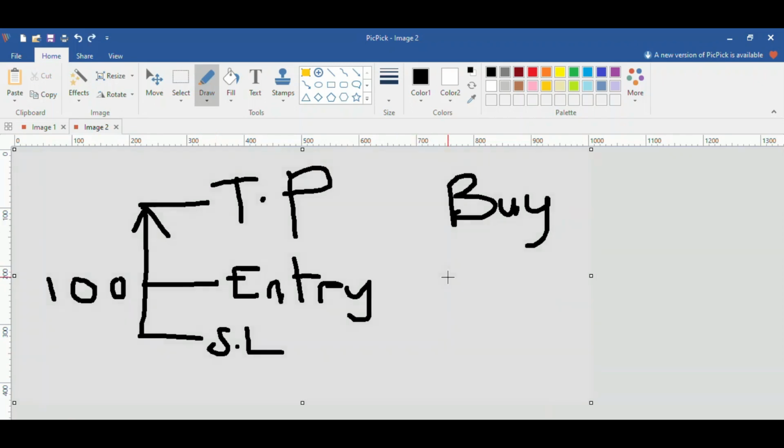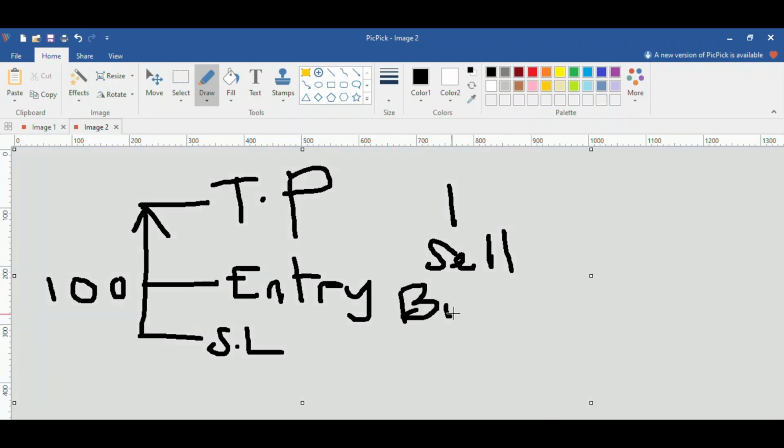Another thing I want you guys to know is this: whenever there is sell, the market is termed bearish.